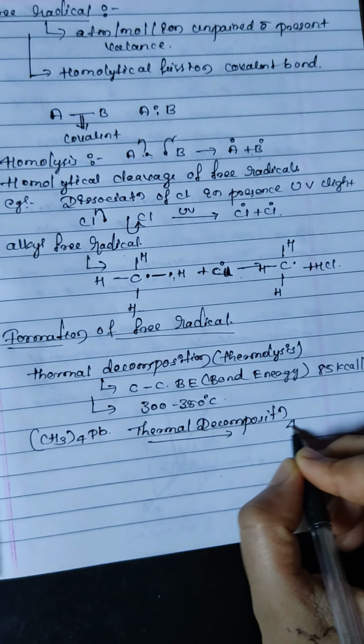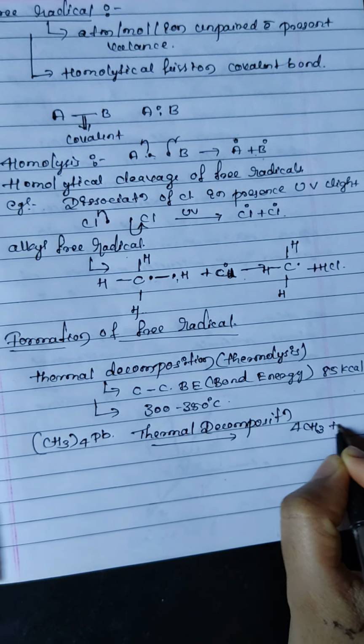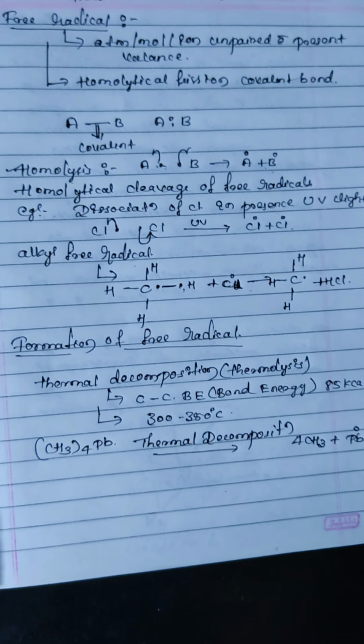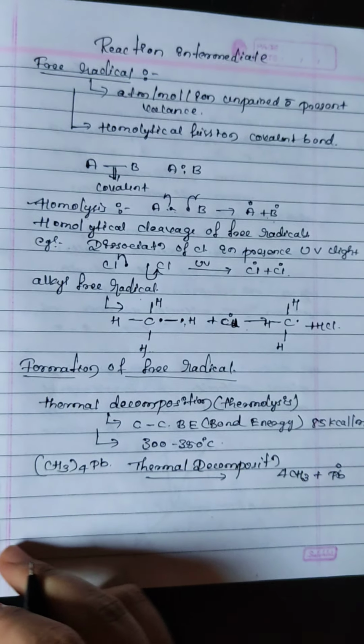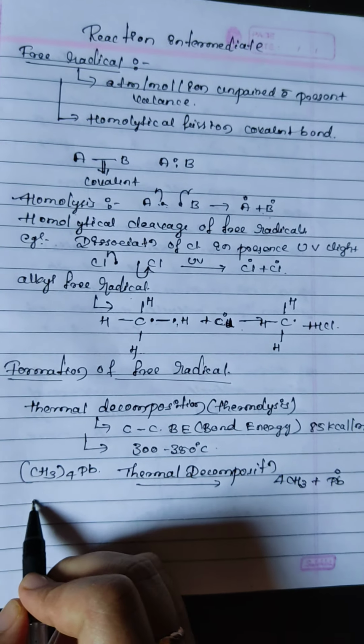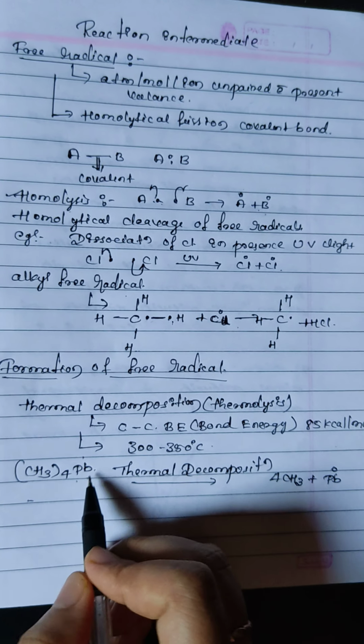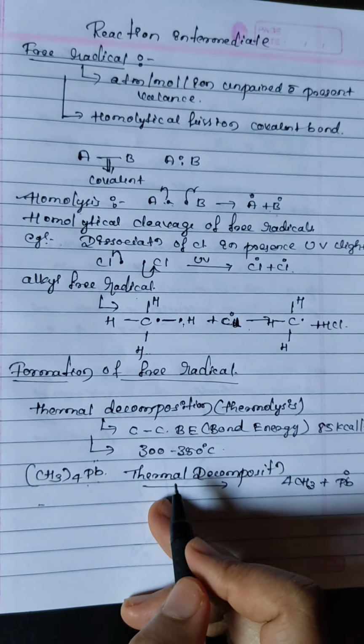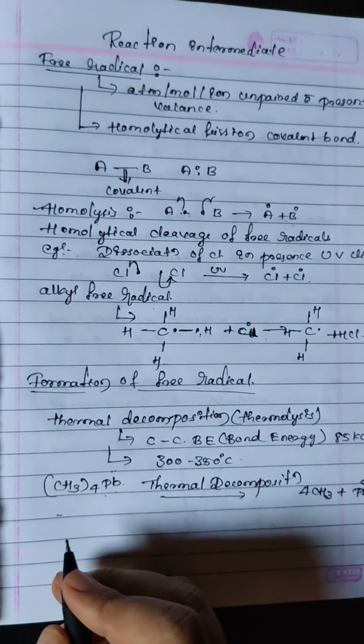It gives 4 CH3 plus 1 lead. The 4 CH3 free radicals and then 1 lead will be formed by the thermal decomposition.